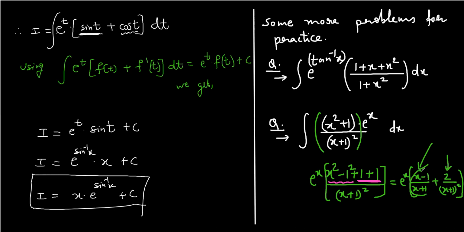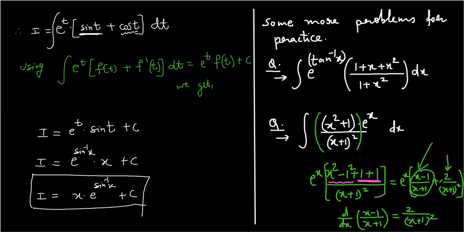To make yourself sure, you will differentiate: d by dx of x minus 1 upon x plus 1 comes out to be 2 upon x plus 1 the whole square. That will be your answer. This is a good problem. You should practice these problems.